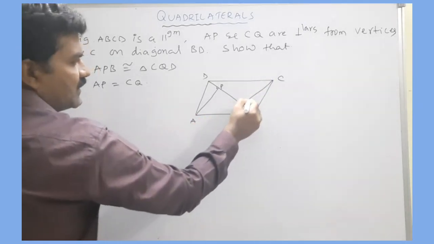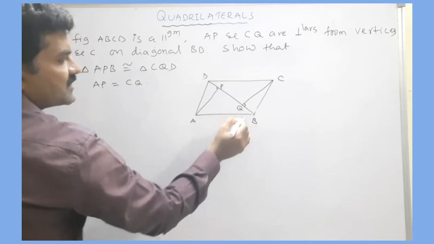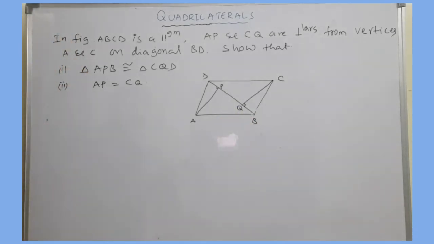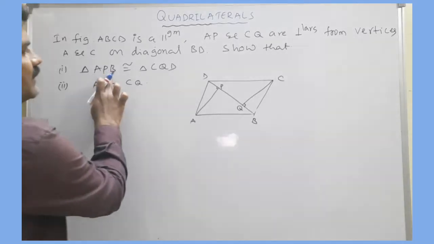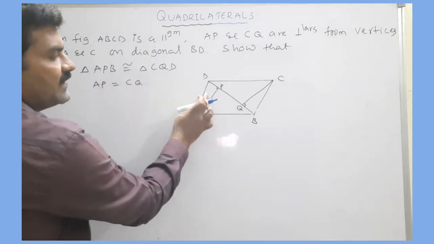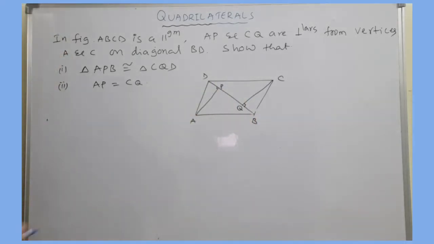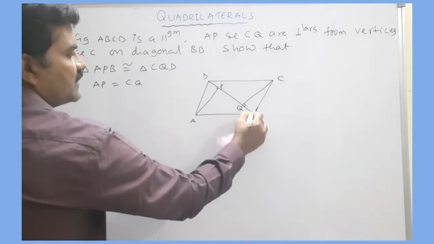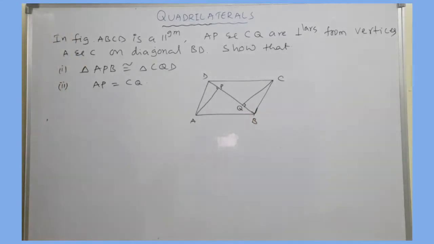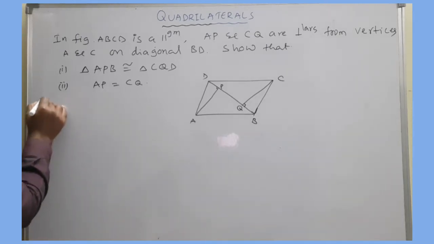And similarly, let the other perpendicular drawn from C to the diagonal BD be CQ. So we have to prove that triangle APB is congruent to triangle CQD, using congruence rules.